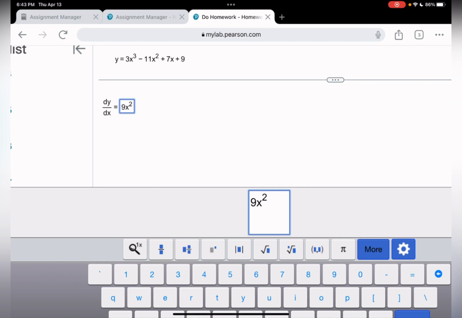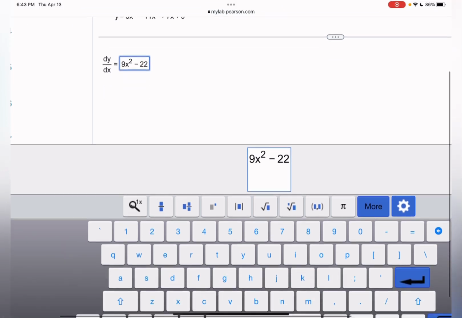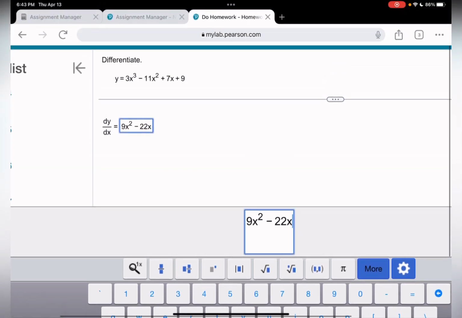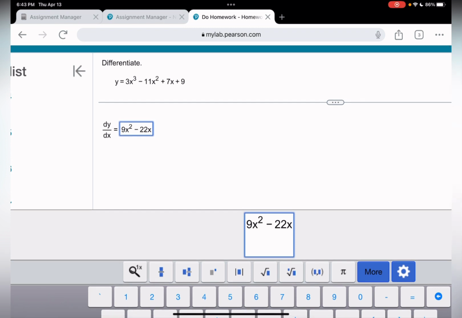We have here minus. So negative 11x squared, 2 comes in front, 11 times 2 is going to be 22. And then we have x. And 2 minus 1 is 1, the power, right? So we don't put 1. So it's going to be 22x.